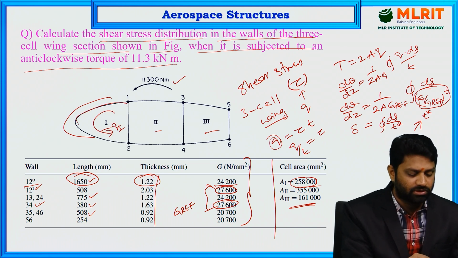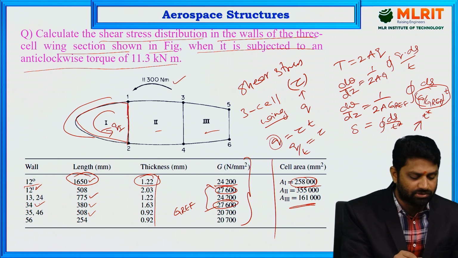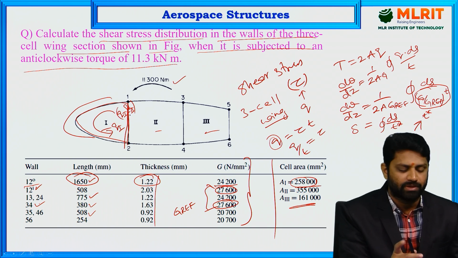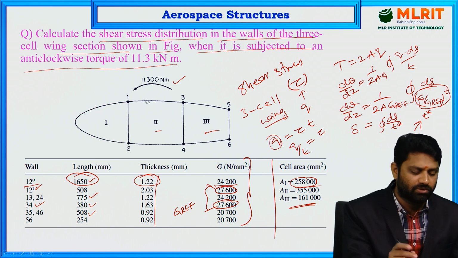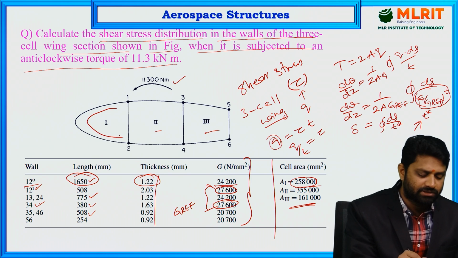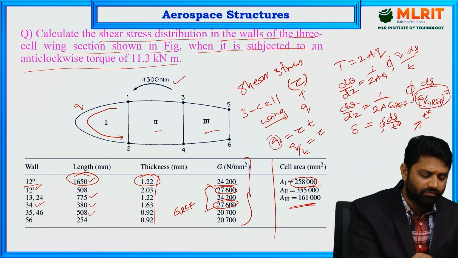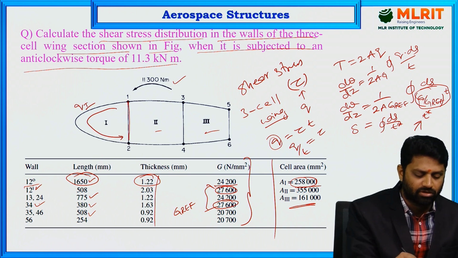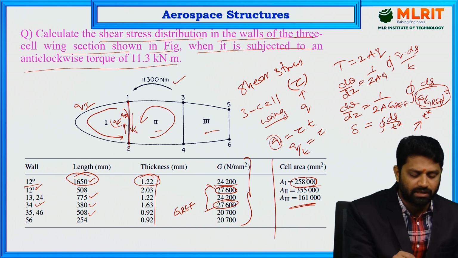In this wall, Q1 is the shear flow, and when it comes to this common wall, the shear flow would be Q1 minus Q2, because Q1 shear flow acts like this, and Q2 shear flow acts in the downward direction, while Q1 acts in the upward direction.